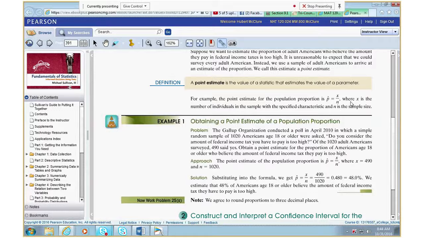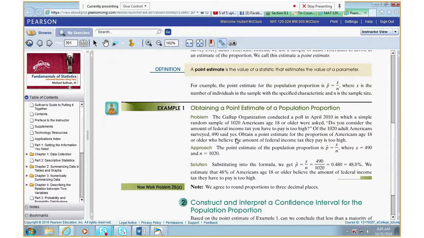So if x over n comes out to be 35%, what's Q hat? 65%. Or a while ago I said there were 17 females in here. 17 out of 30 are female. How many are not female? How many are male? 13 out of 30. So that's the complement. So remember, Q hat is the complement of P hat.